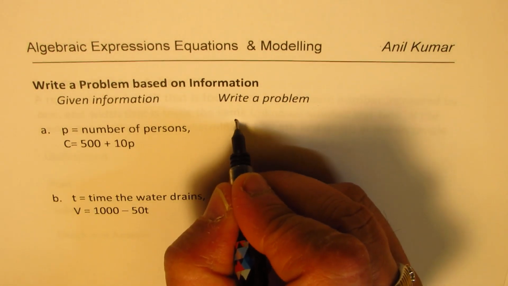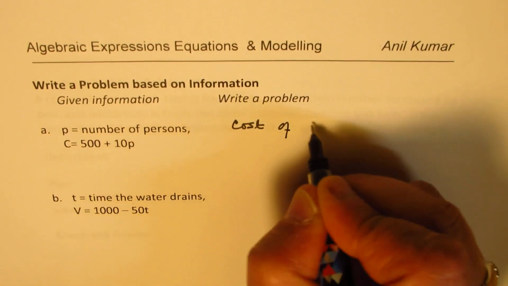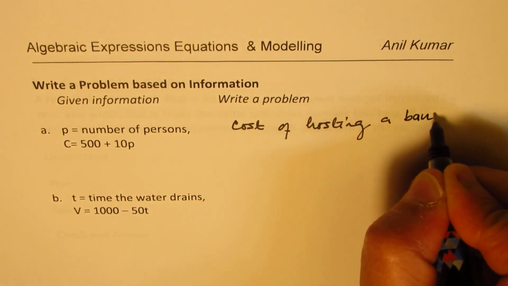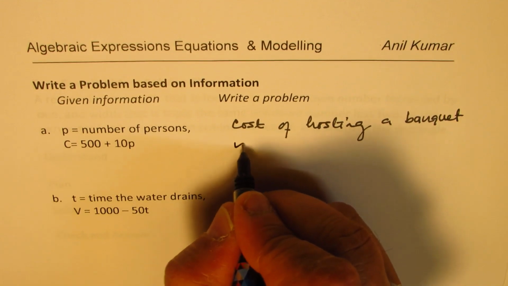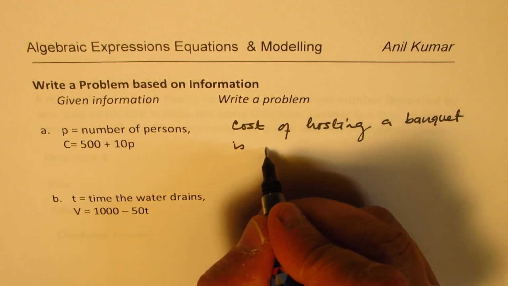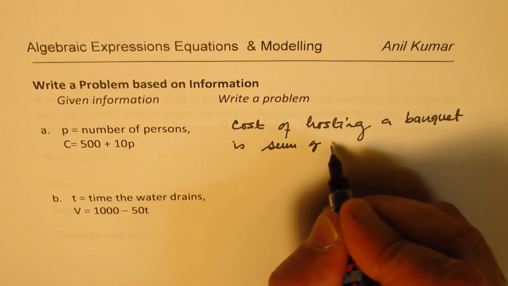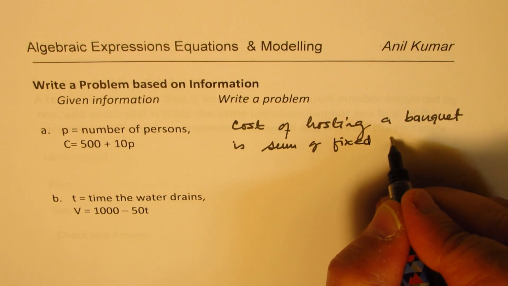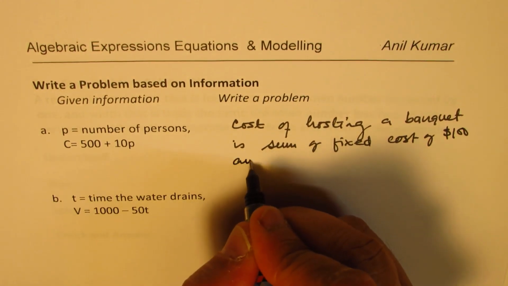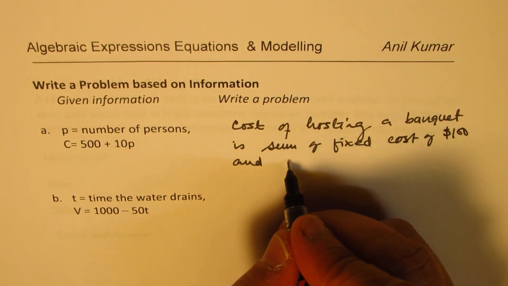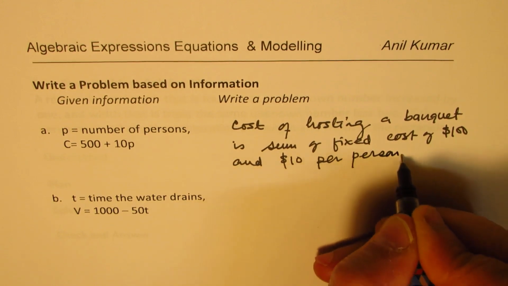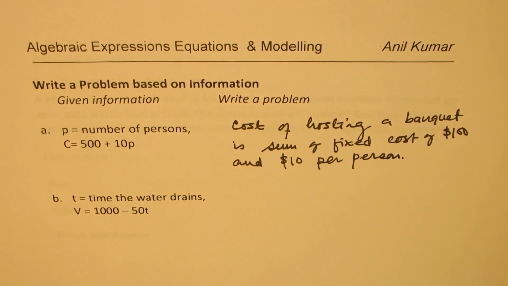So we could say cost of hosting a banquet is sum of fixed cost of $500 and $10 per person. Correct? So that is how we could get our equation.